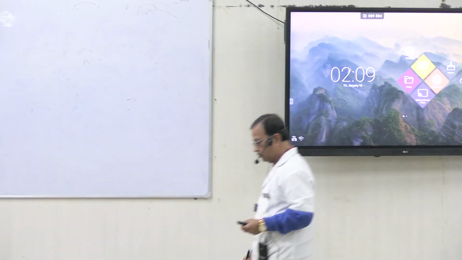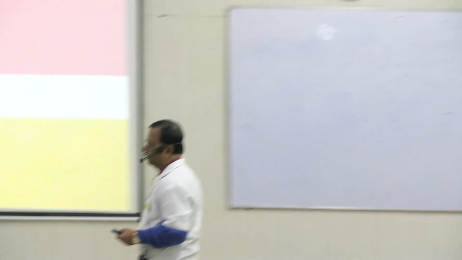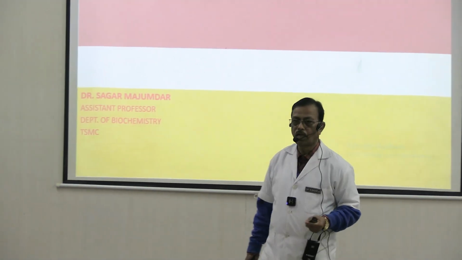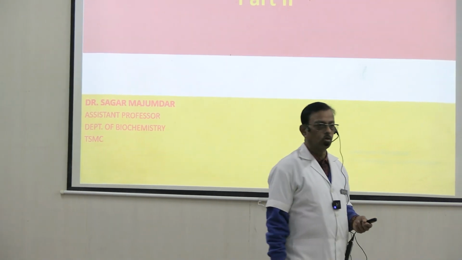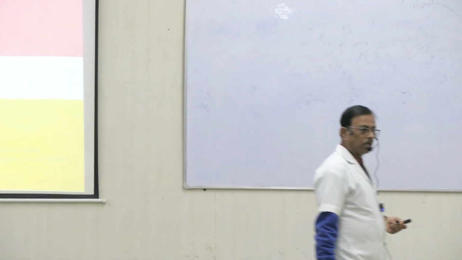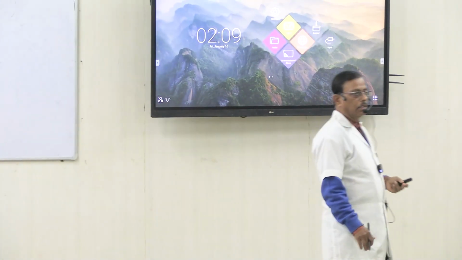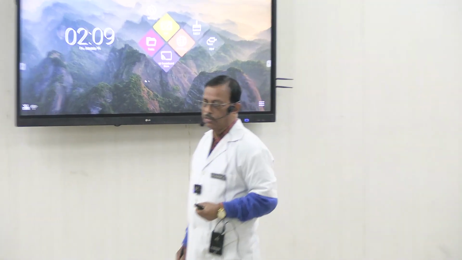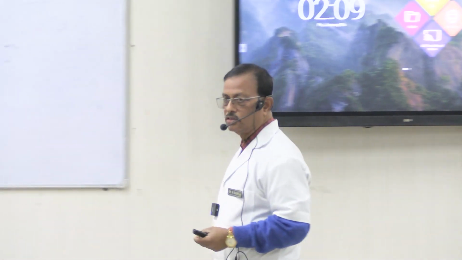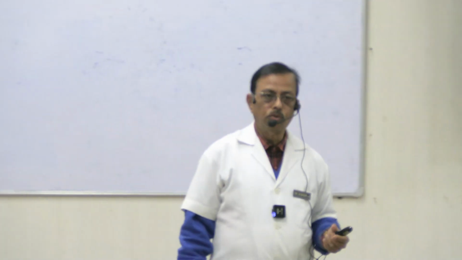So we have seen after the digestion, the glucose is absorbed in the body, in the cell, then it is metabolized in different metabolic pathways, and thereby they produce reducing equivalents, especially NADH and FADH2.